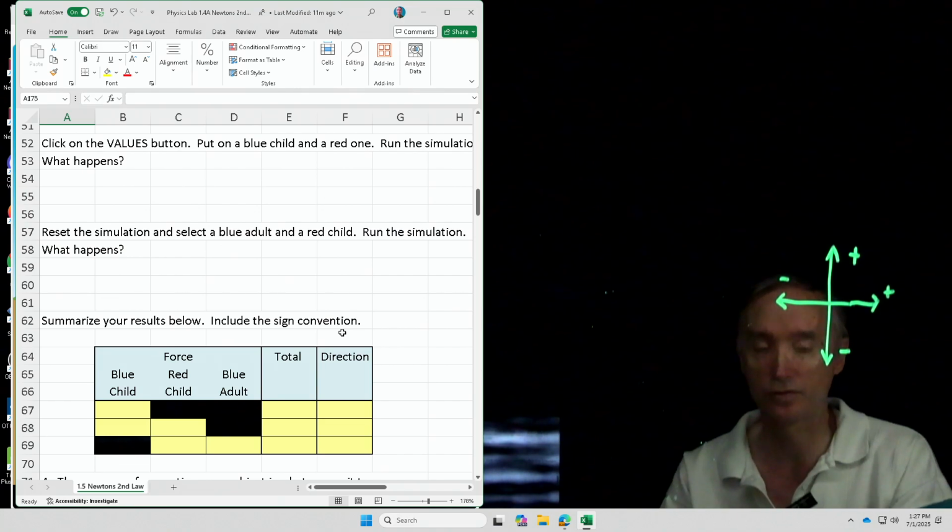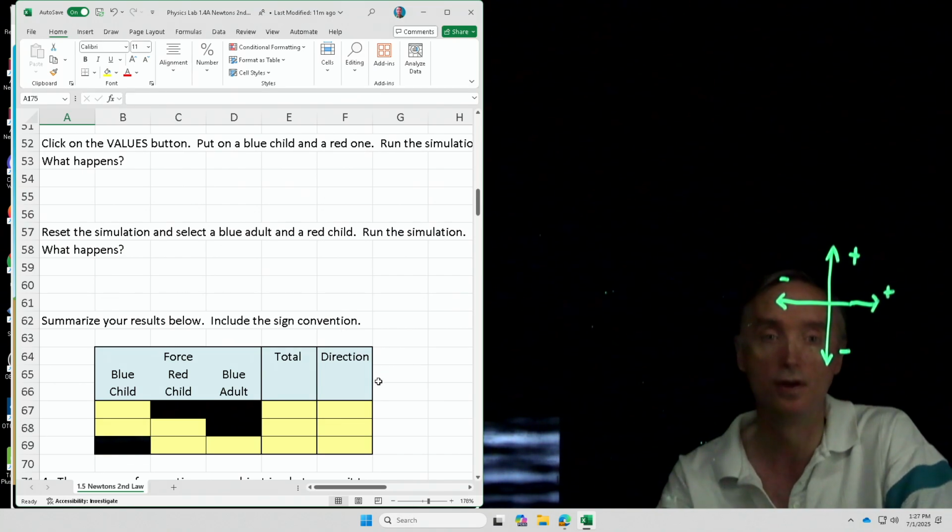So don't forget to put the sign convention on the numbers that you're putting into this chart. Then run the simulation and see what happens. It should not be very exciting. Remember to write down the total force that's being exerted, and what direction, if any, the cart goes.